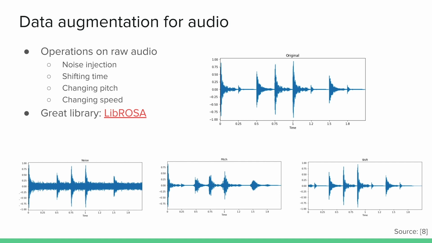Ideally, if I say a sentence slowly, or if I say it very fast, it shouldn't make a difference in whether you understand what I'm saying or not. There is a great library that enables you to do many of these augmentations. It's called librosa. Go check it out if you're working with audio.